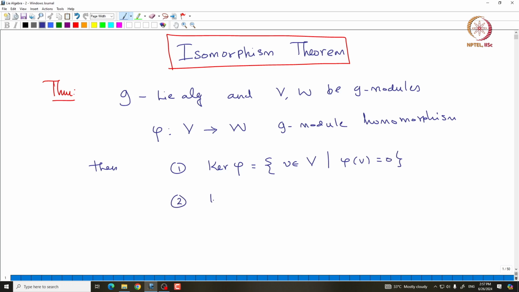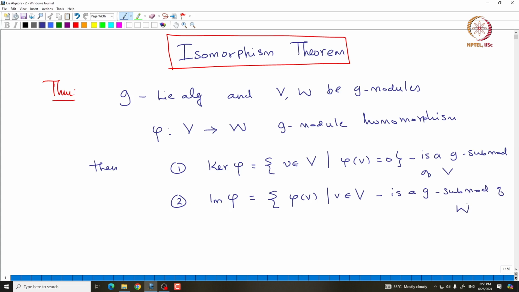The second thing is the image, which is defined to be the set of all phi of v, where v comes from capital V. The kernel will become a G module, and indeed it is a G submodule of capital V, and this image is a G submodule of capital W.